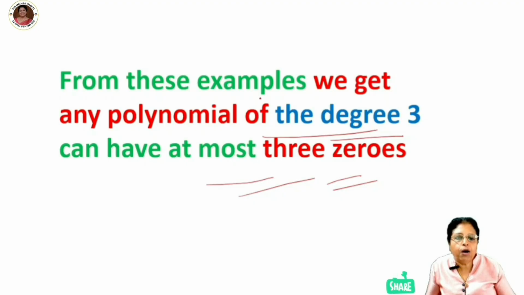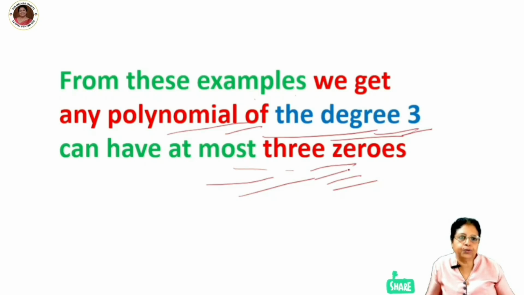So, from all these examples, we get any polynomial of the degree 3 can have at most 3 zeros. In some cases, we get only 1 zero. In some cases, we get only 2 zeros. In some cases, we get 3 zeros. That means at most 3 zeros. Okay. Have you understood this?